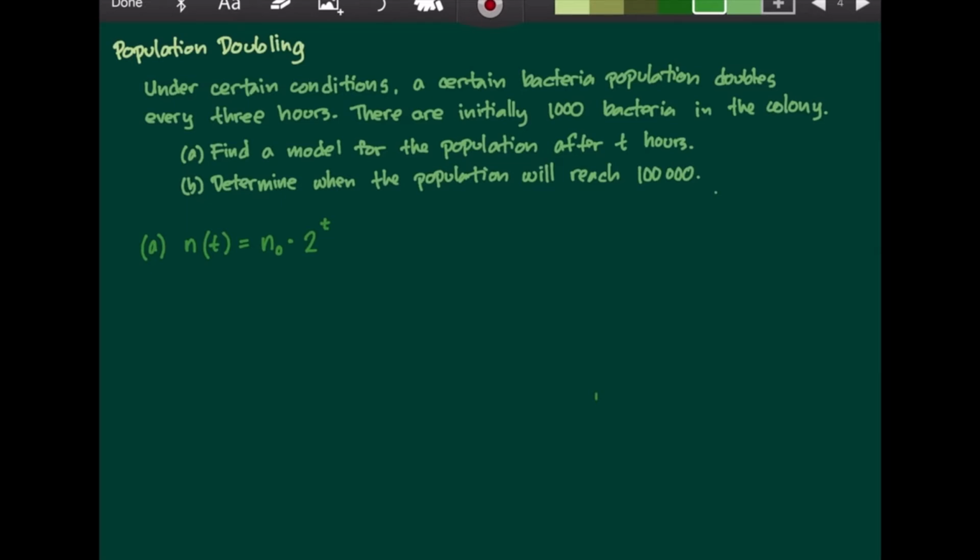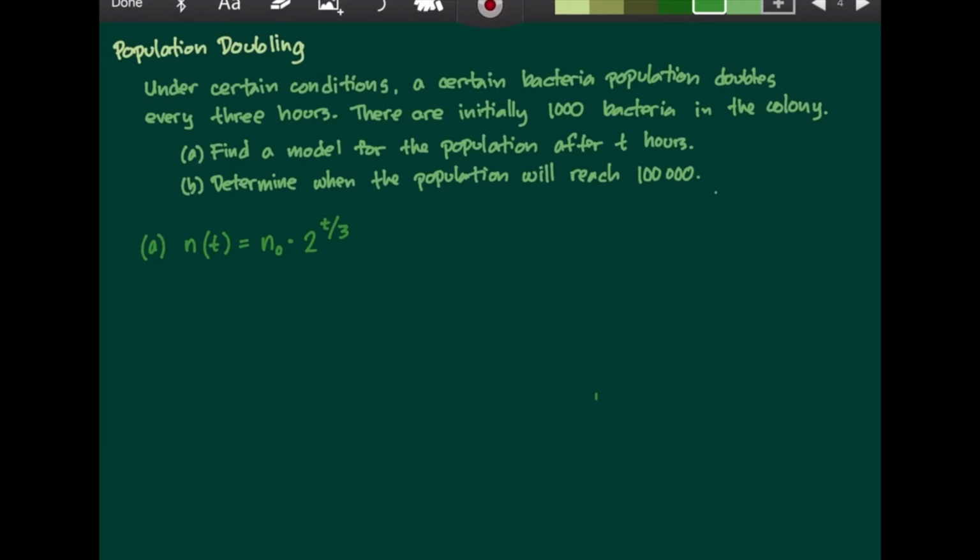Pero hindi siya nagdo-double every hour. Kasi kung yan yung formula natin, after t equals 1 hour, magdo-double na yung population natin. But it doubles every 3 hours, so we need to divide by 3. So we have to wait na umabot yung t equals 3 para maging times 2 yung imumultiply kay initial population. And this is our model for the doubling rate.